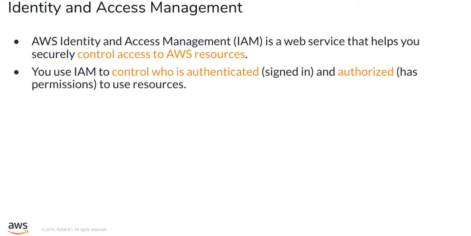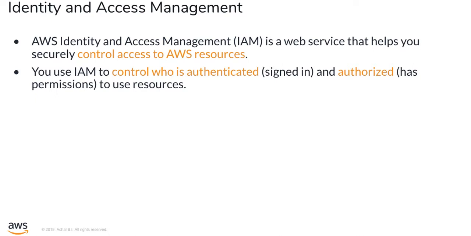So IAM stands for Identity and Access Management, and it's a web service that helps you securely control access to AWS resources. IAM is used to control who can access and at what level of permission they can access the resources.